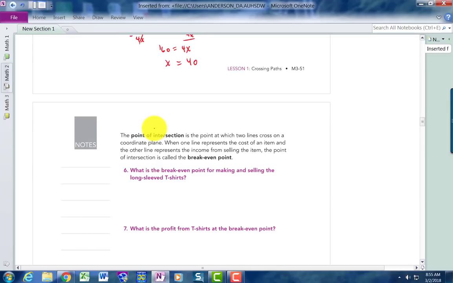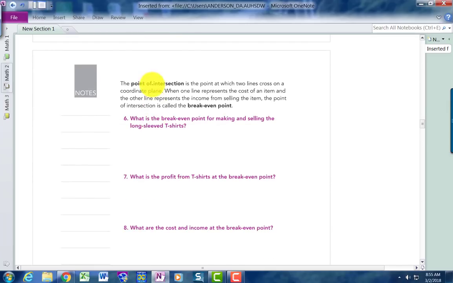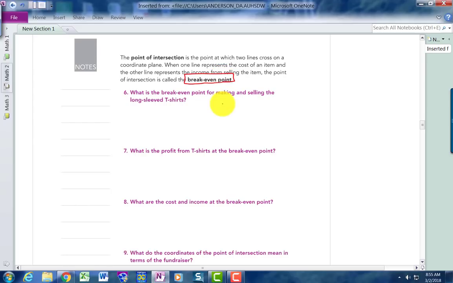All right. So like we mentioned before, the point of intersection is going to be your break-even point, where your actual income and your costs are going to match each other. So we said on that one that the break-even point was 40 shirts, $320.